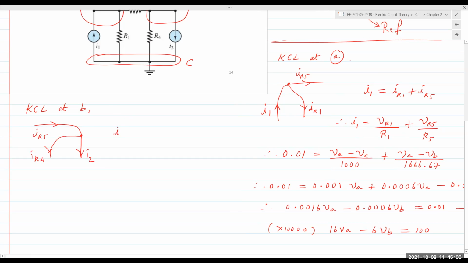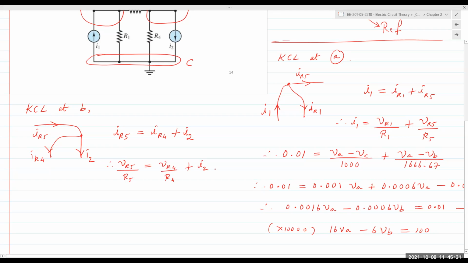So my KCL equation is IR5 is equal to IR4 plus I2. And then the same thing, apply Ohm's law, and I can write VR5 divided by R5 is equal to VR4 divided by R4 plus I2.